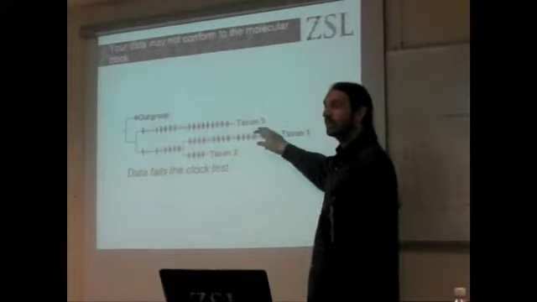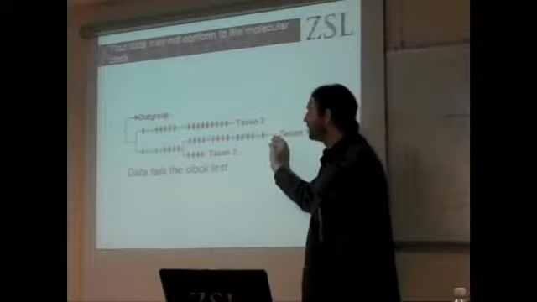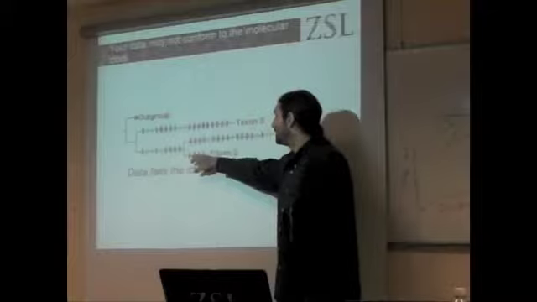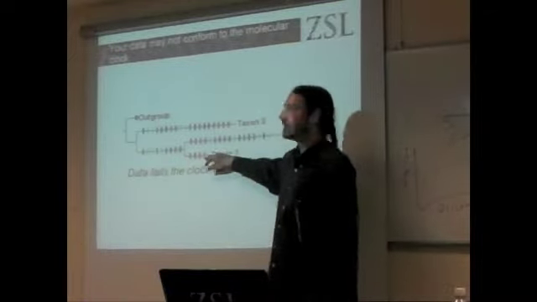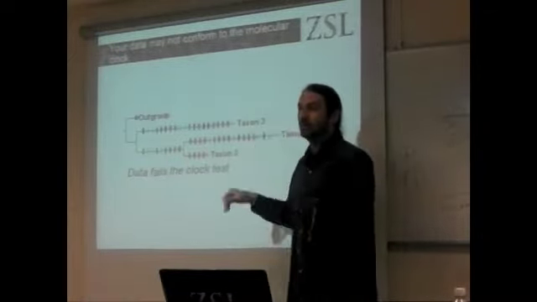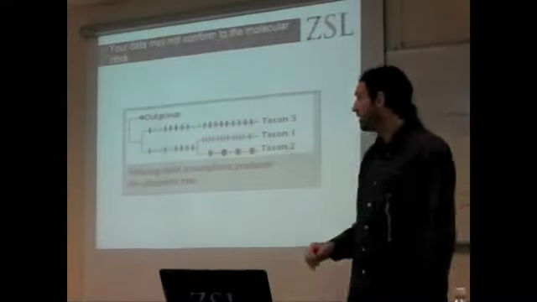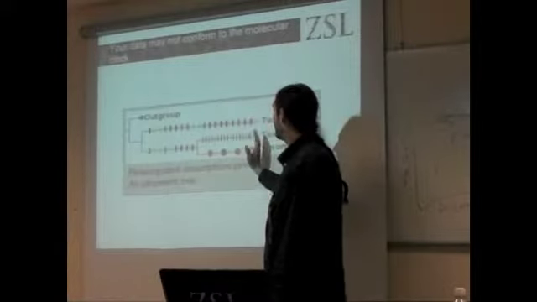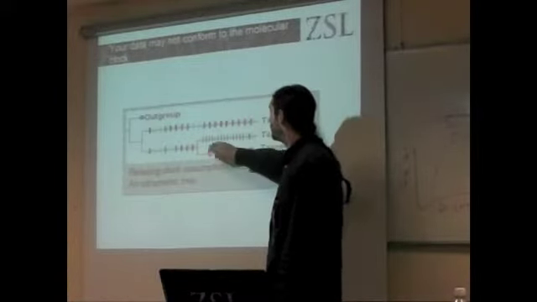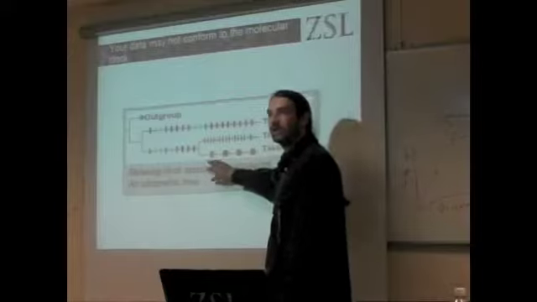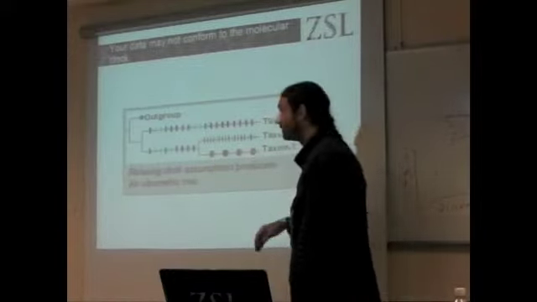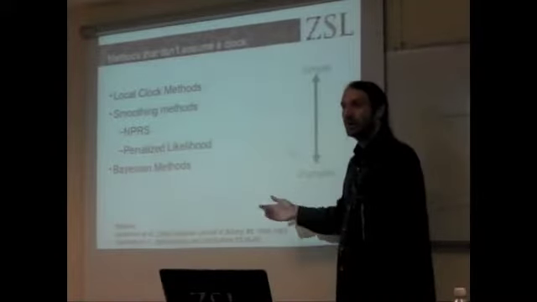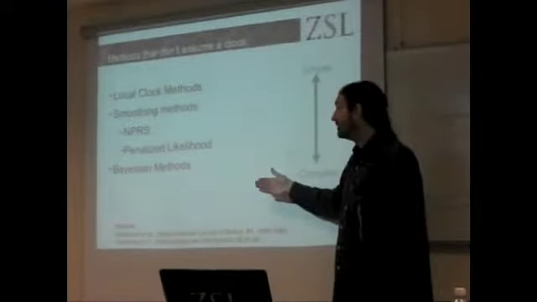And when this is the case, what we need to do is some rate smoothing, where we assume that here substitutions have happened a little bit faster, and here a little bit slower. Okay, so what we want is to morph our tree into what's called an ultrametric tree by assuming faster substitution rates and slower substitution rates. There's a whole bunch of different methodologies that you can employ to do this.